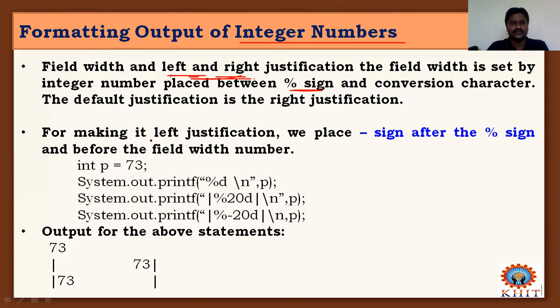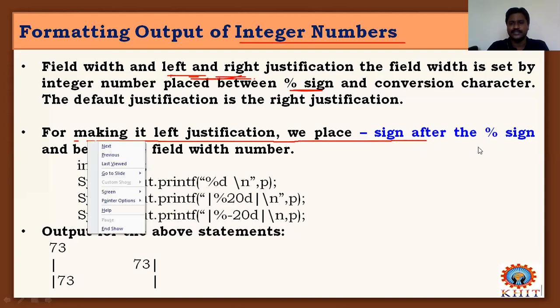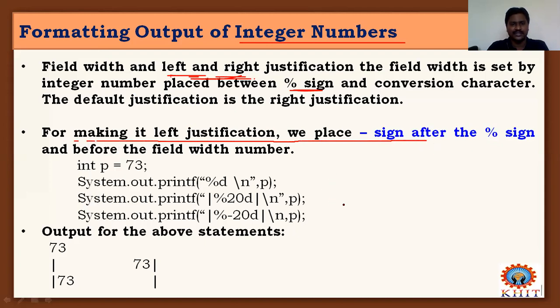For example, for making it left justification, we place a minus sign after the percent sign. In Java, the default is right justification. So to make this left justification, we use a minus sign before this.